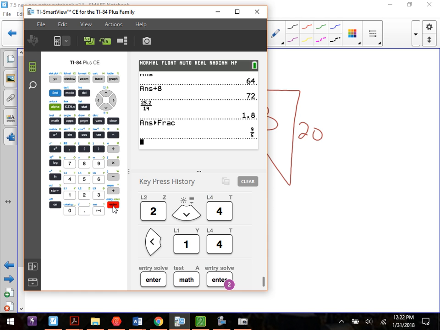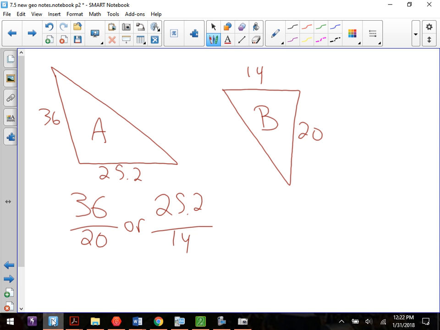Okay. What changes with the next problem? The next problem says it's going from B to A, so you're going from right to left. So you have to pick a segment length on shape B and put that over the segment length of shape A. Now, does it matter which segment length you choose for B?